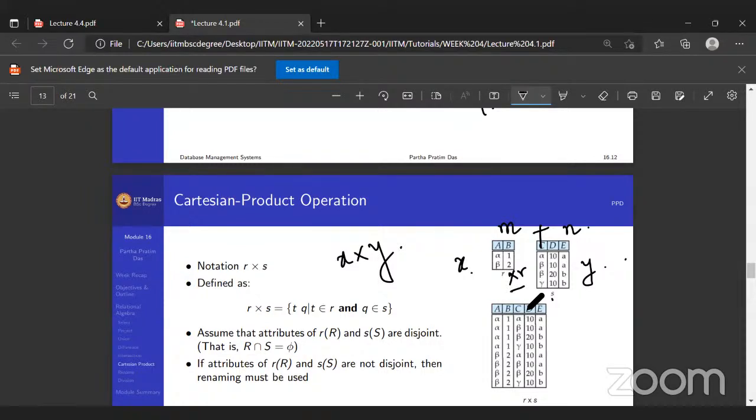What will be the name of the column heading? In SQL, when we perform this, we write the column alias, right? We provide the column alias. So let me show you how we write it.